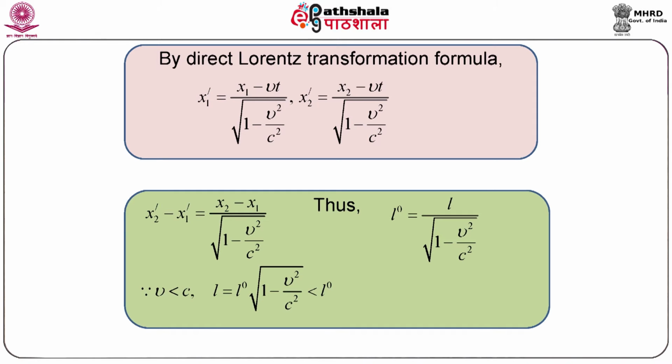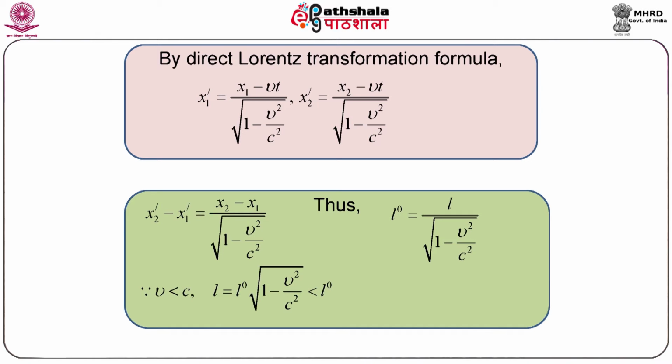Since v is less than c, v square by c square decreases. Therefore, 1 minus v square by c square increases. As a result, the product of L0 into square root of 1 minus v square divided by c square also increases. This gives L less than L0.